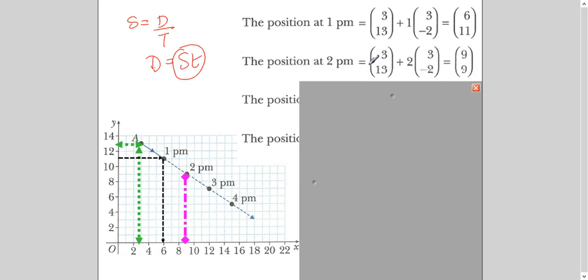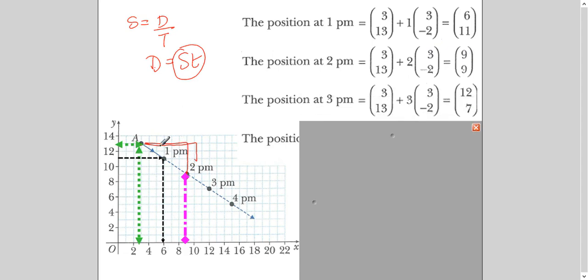Then you have to find out after 2 hours, so old position, initial position, plus 2 times the velocity, because if you see from here, it is 2 times velocity, and then add up. Then at the third hour, old position, and then from here.